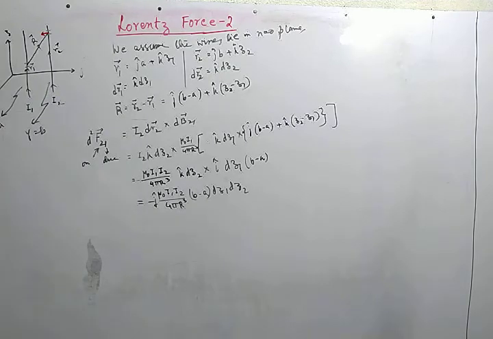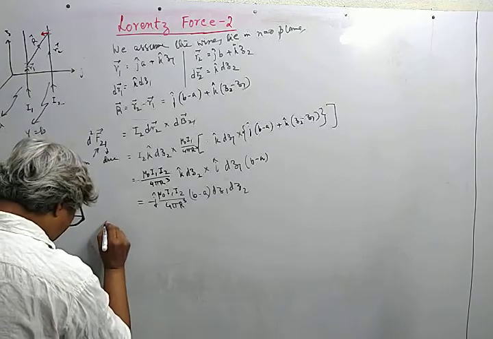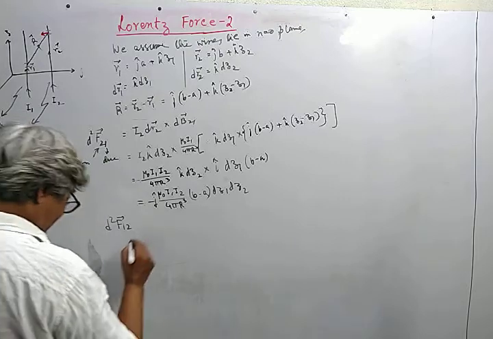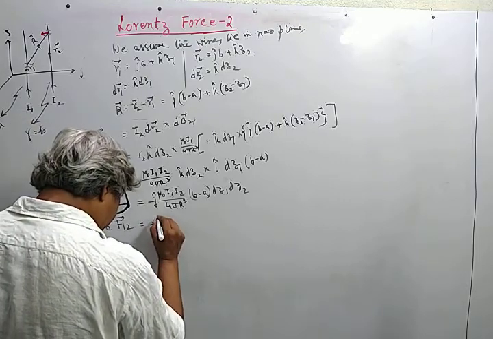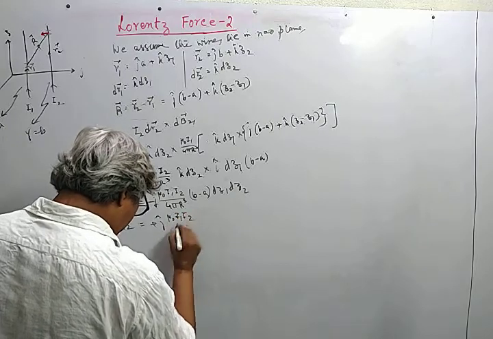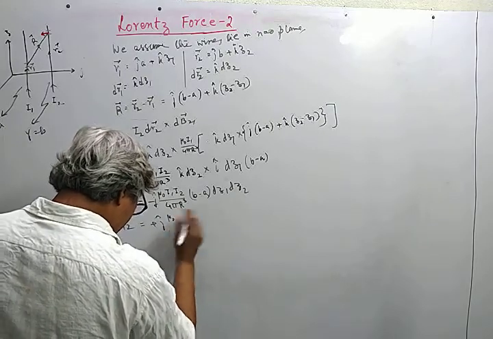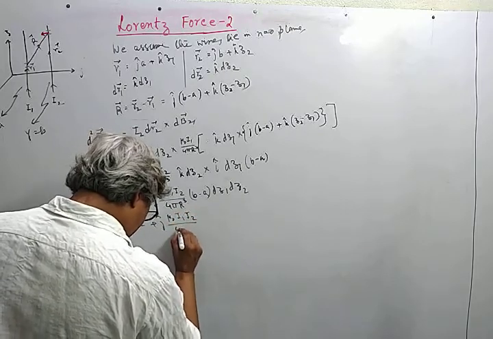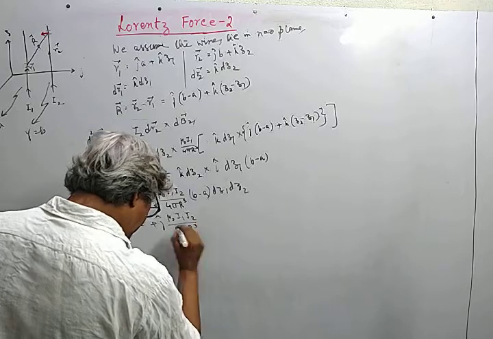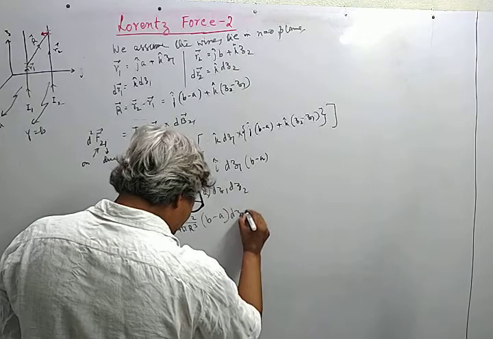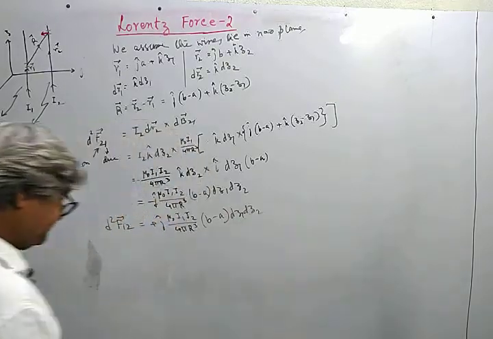If we carry out the calculation of d2F12, it will come out to be j cap mu 0 I1 I2 by 4 pi r cube (b minus a) dz1 dz2.